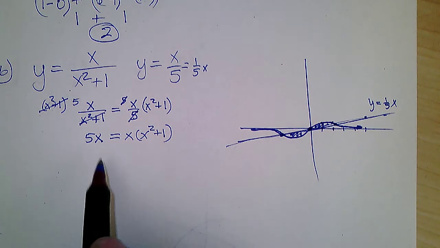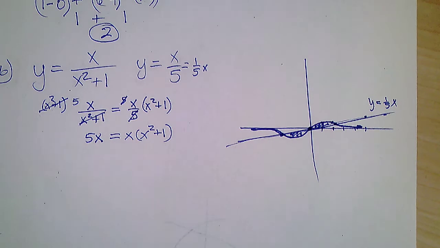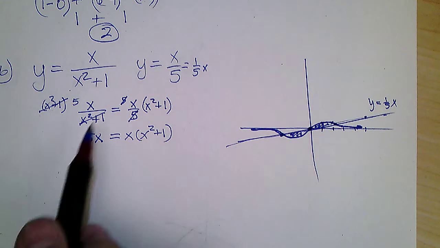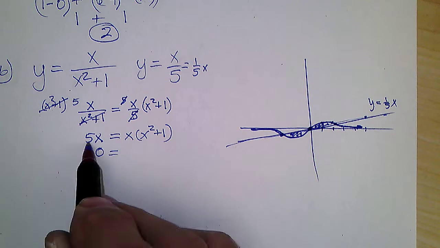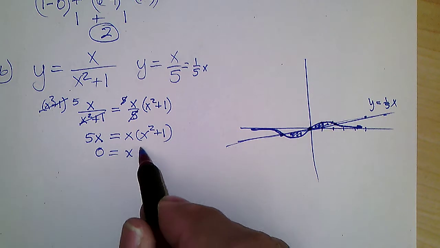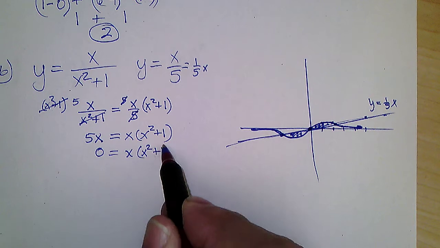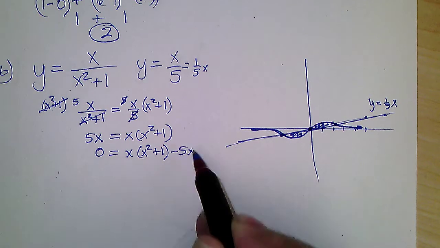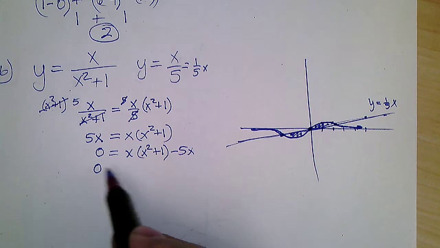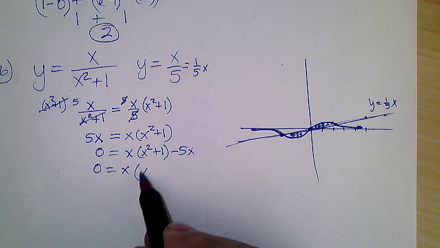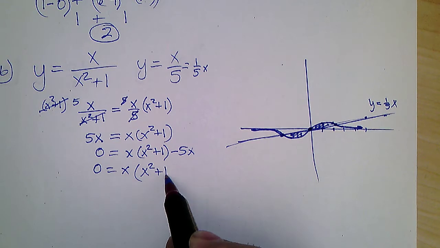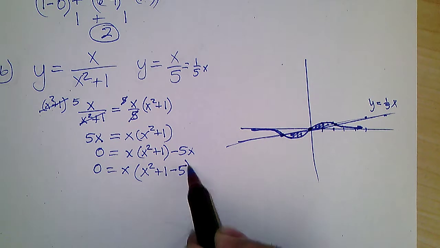Now, if I tried to divide by x, x could be 0, and so I could lose a solution of 0, which I know is one of them. What I should do is take the 5x over and have 0 equals, subtract 5x from both sides, x times x squared plus 1 minus 5x. Factor out the x, and I would get x times x squared plus 1 minus 5, which is x squared minus 4.